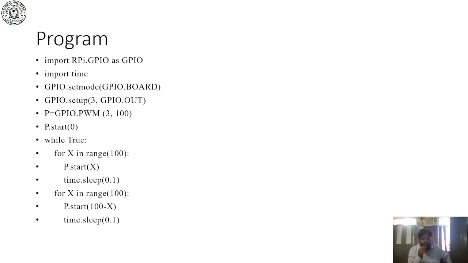We have imported one library into our program, the reason being that we are using the GPIO pins for giving input and output. That's why we have imported RPi.GPIO. We have also imported the time library. I will explain why I have included this time library.